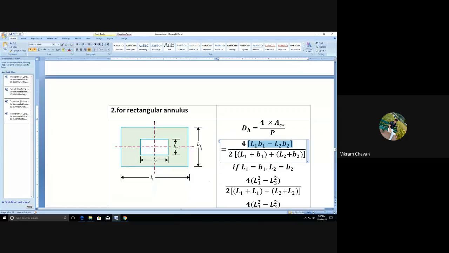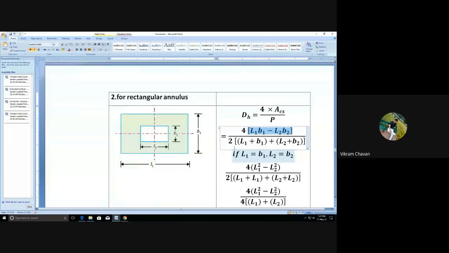The addition of those two perimeters will be nothing but the wetted perimeter. So we'll get 2 times, in a square bracket, L1 plus B1, plus in another bracket L2 plus B2. So that will be the wetted perimeter.